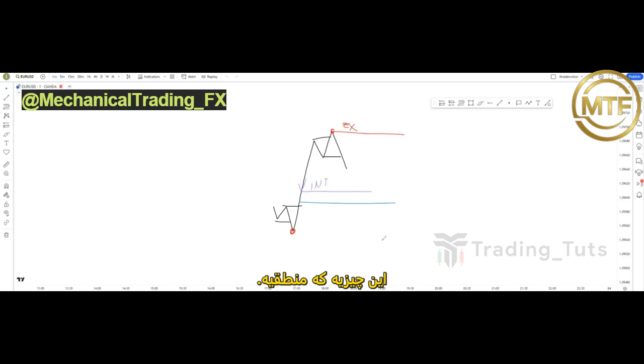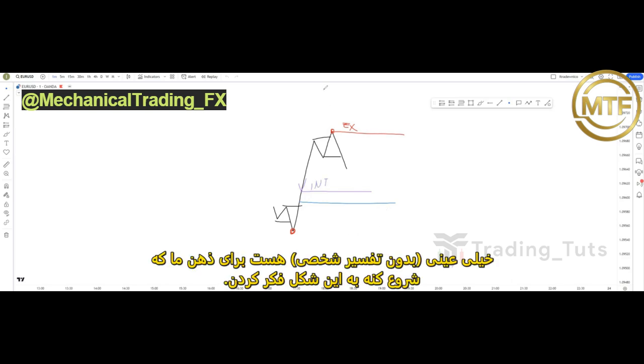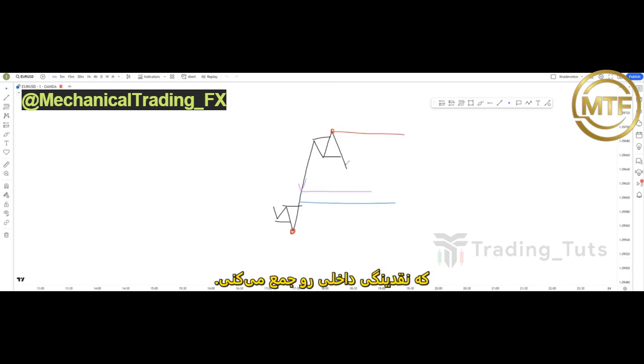This is what makes sense to take a trade. It's very simple. It's very objective for our mind to start thinking this way. That when you take out the internal, what are you going to do? Go out for the external. That's why we use those terms.